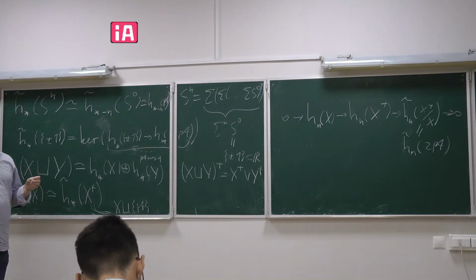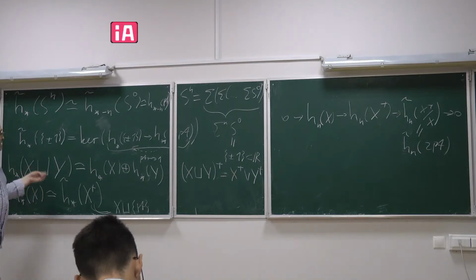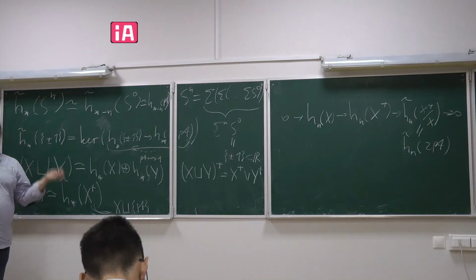The question we are thinking about now is the reduced homology of the 2 points. We want to prove that the reduced homology of a 2-point space is the same as the non-reduced homology of a 1-point space.